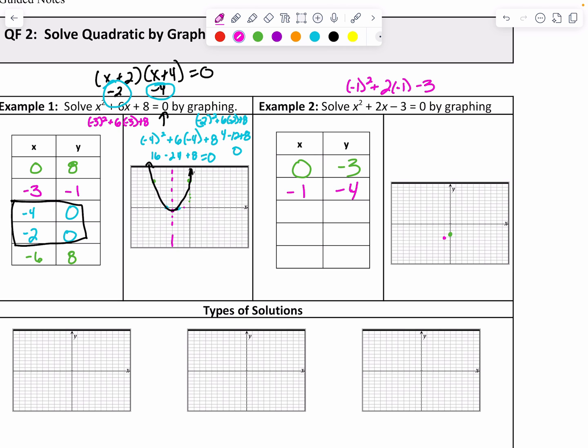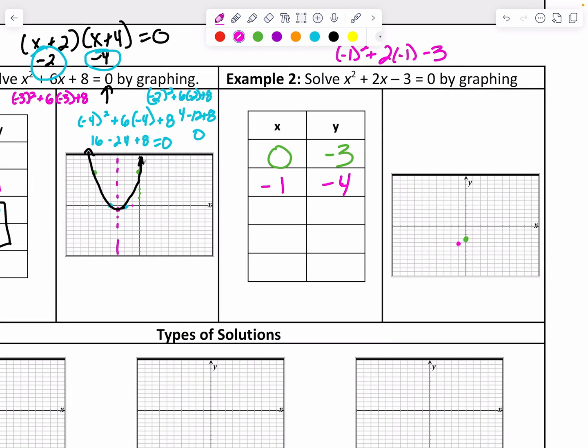Okay, so I'm going to pick a point to the left of my vertex. So I'm going to go negative 2. Plug that in. So 4 minus 4 minus 3, which puts me here.